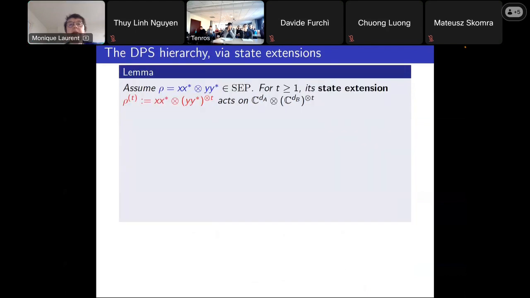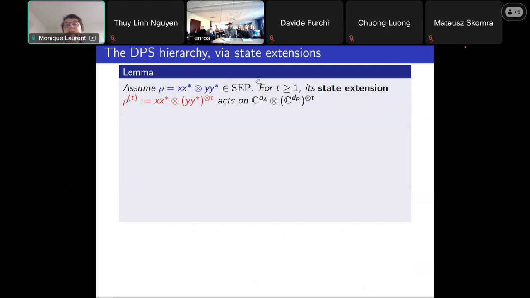So let me introduce the DPS hierarchy. Here is a lemma, where what we want to see is a bunch of necessary conditions for separability. Let's assume our rho is separable, so it's a convex combination of such objects. Let's just assume for simplicity that rho is just one such object, and let's see what we can do.